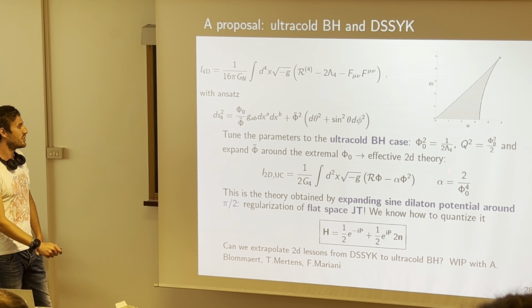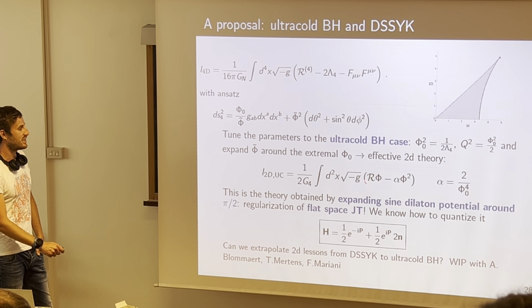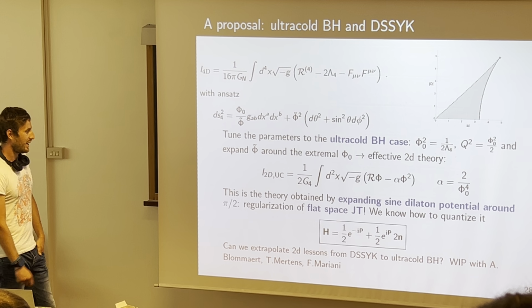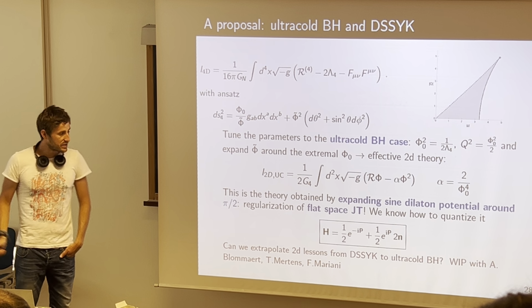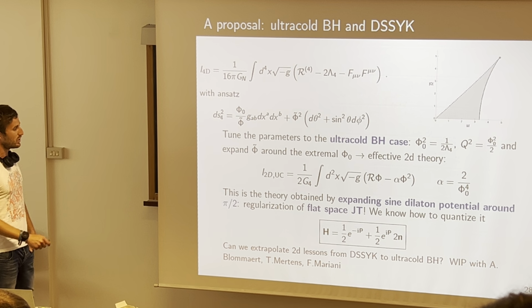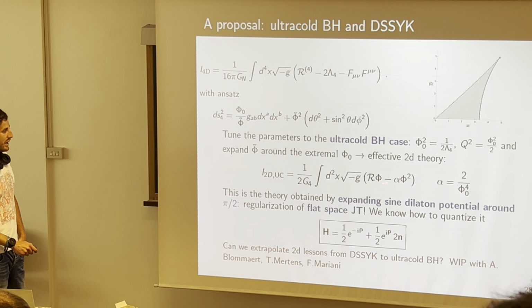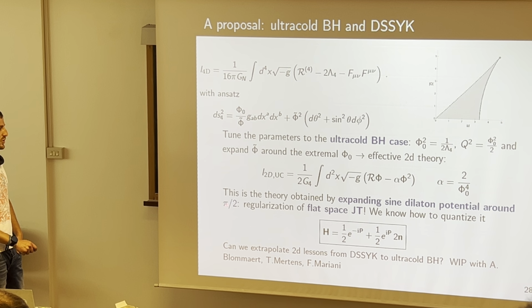Then the effective 2-dimensional theory that we find takes this form. It's just R phi plus a very small fluctuation that is quadratic in the dilaton. And as Klaas showed in his talk, we know how to quantize this theory, because it is exactly obtained by expanding the sine dilaton potential around the maximum at pi over 2.